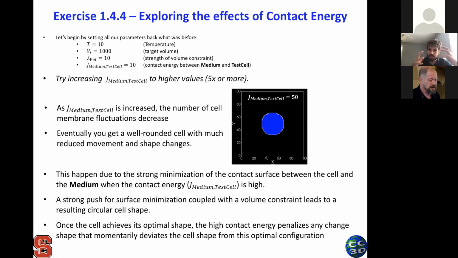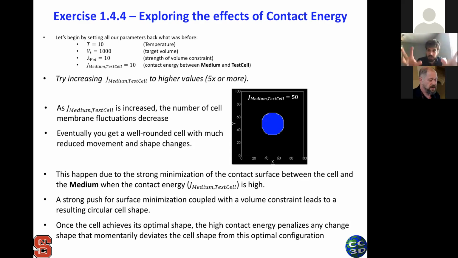Once you have this value too high and the cell is already happy with its current settings, you will not accept any other pixel copy that deviates from its current value. Here in the simulation, you have a contact surface and a volume constraint.